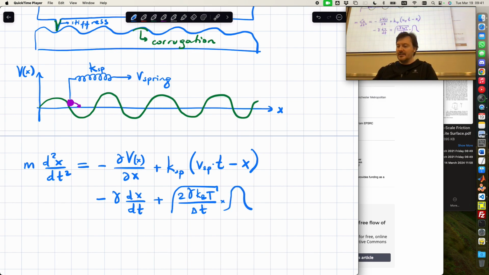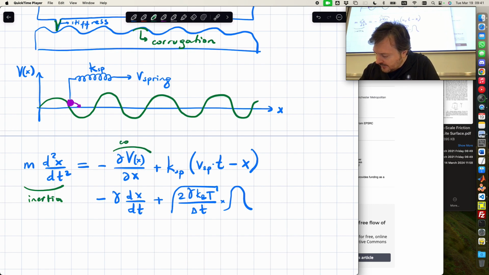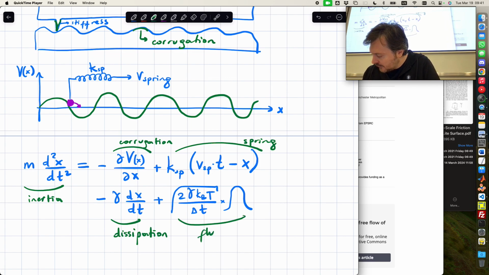Okay, so what do we have? Let's go over the terms. This is inertia, this is corrugation, this is the spring, this is dissipation, and this one is fluctuation.